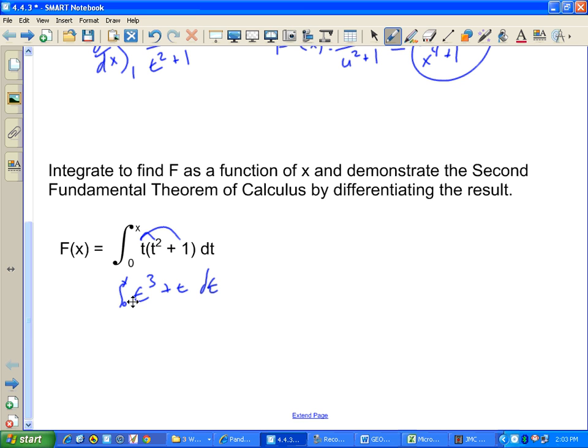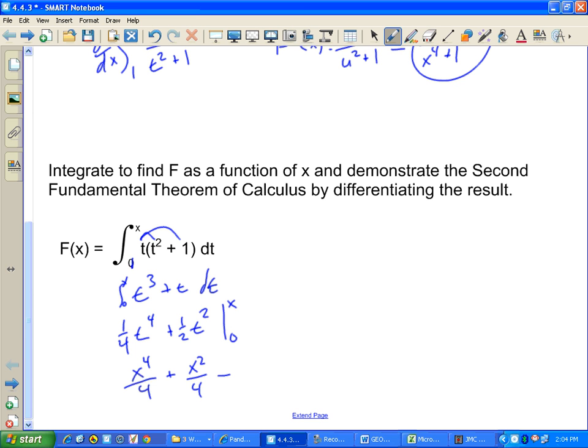So I integrate it, which means I raise the power by 1, drop the reciprocal. This one I do the same thing. I'm going to evaluate this from 0 to x, which means I'm going to plug x in. So that would give me x to the 4th over 4. If I just rewrite this as over 4, and x squared over 4, and then I'm going to subtract this thing evaluated at 0.